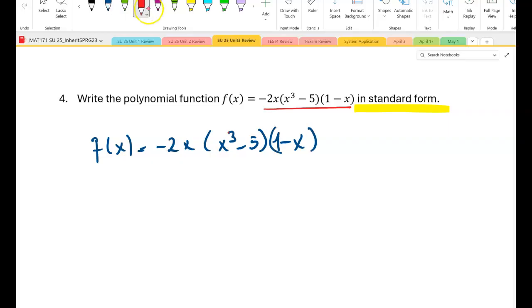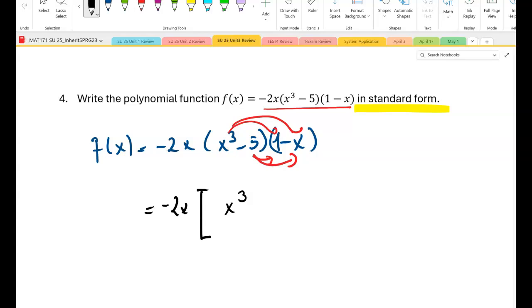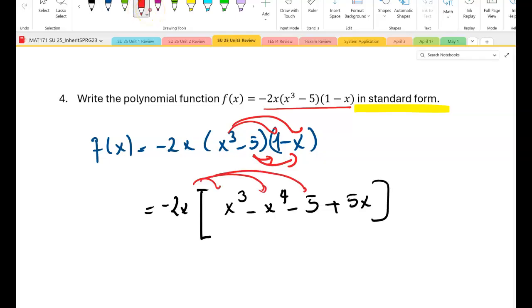I have to distribute this, and then I have to distribute it with 2x. So that will be negative 2x bracket x cubed times 1, x cubed times negative x, x to the 4th, minus 5 plus 5x.